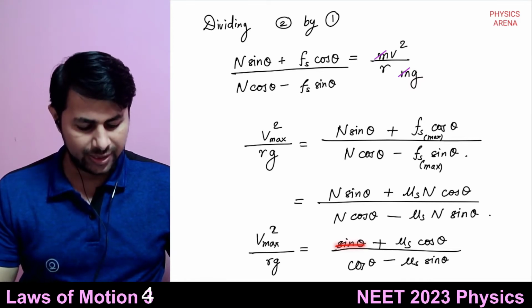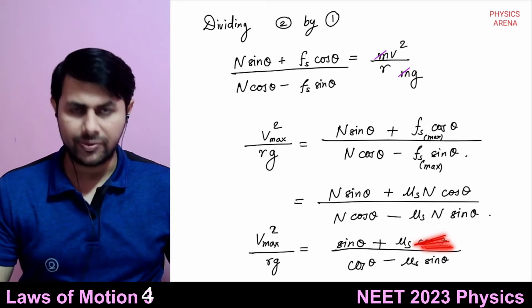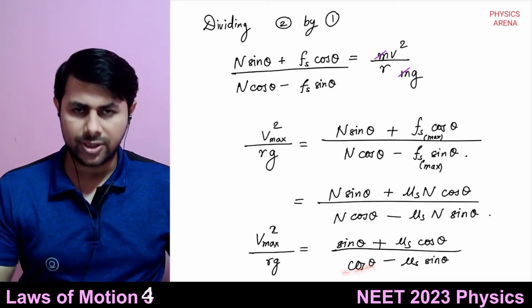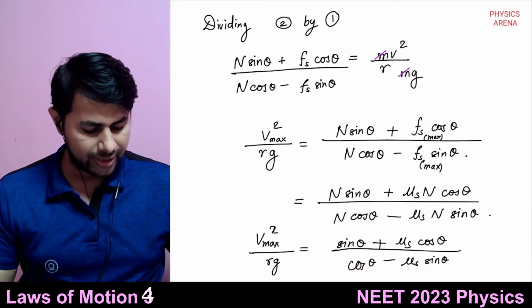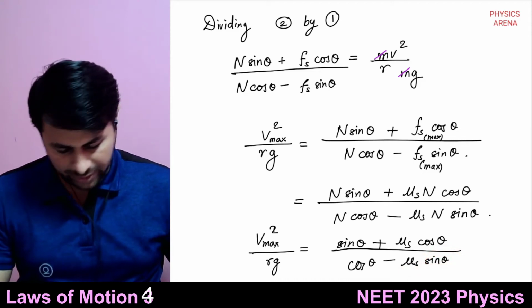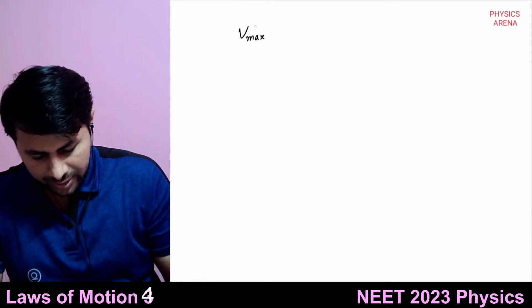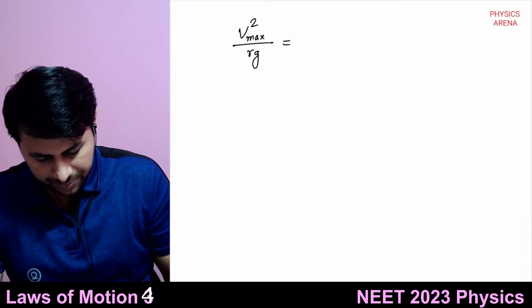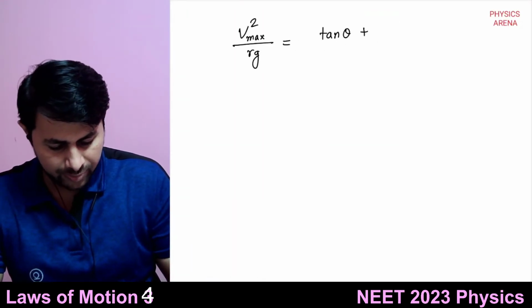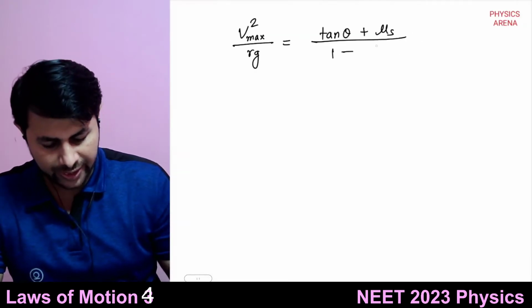So sin theta upon cos theta is tan theta, and here we'll have cos theta upon cos theta, that's 1, minus mu s multiplied by sin theta upon cos theta, that is tan theta. So you get tan theta plus mu s divided by 1 minus mu s tan theta.